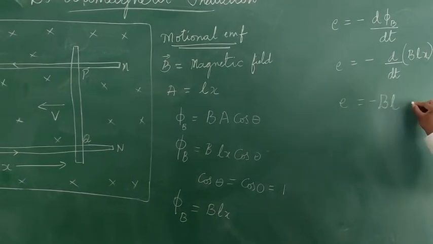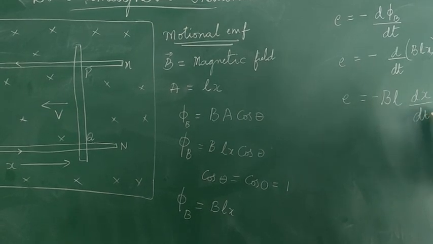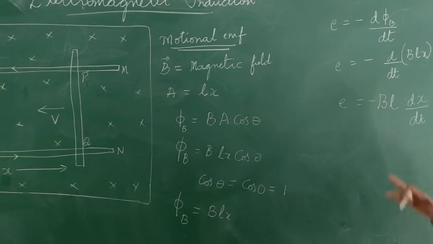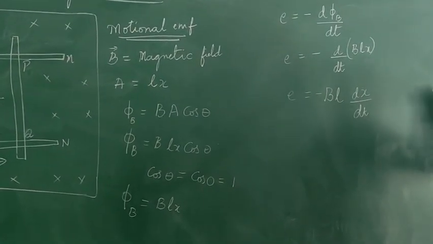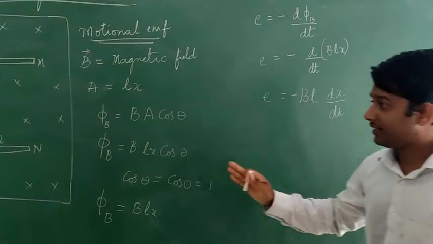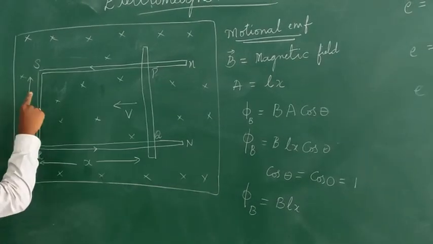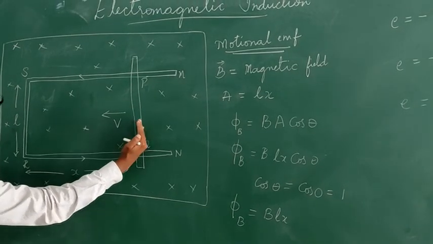So E is equal to minus BL into dx by dt. Now what is this dx by dt? The distance between PQ and RS is reducing when we move the conductor from here to here.